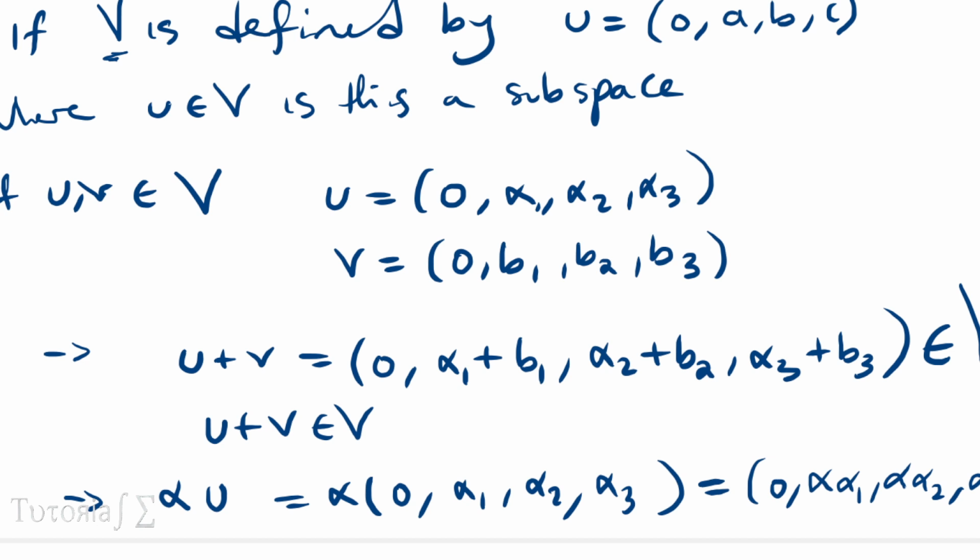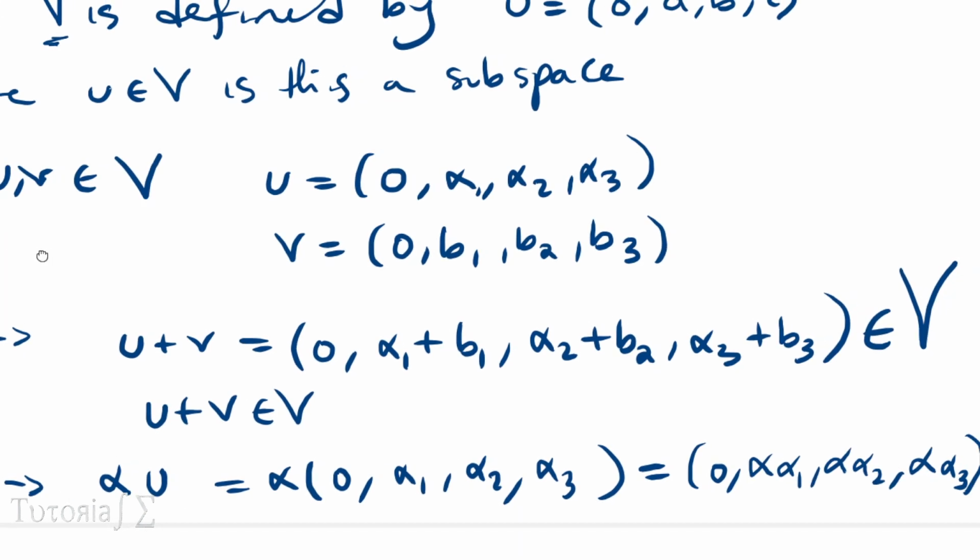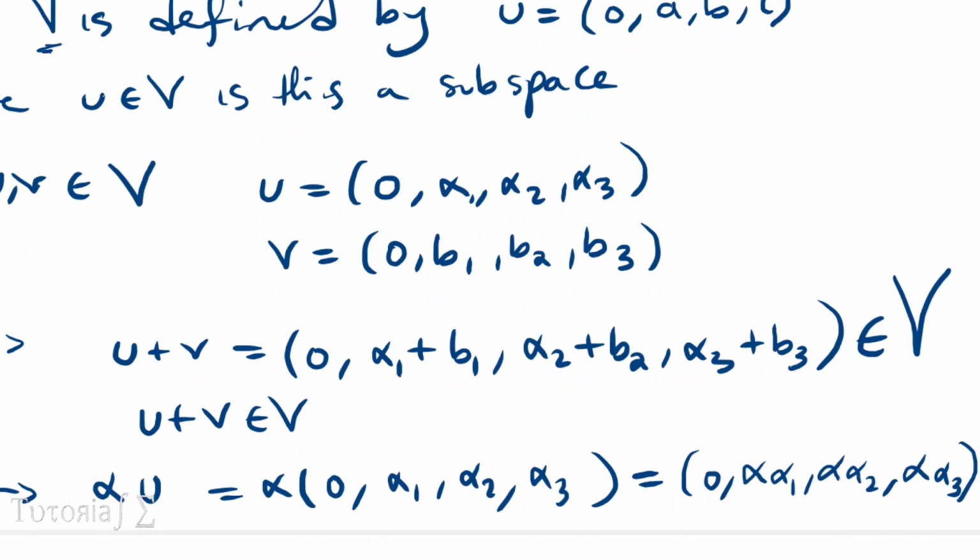Okay, so now does it maintain the definition? Yes, it does. And why is it maintaining the definition? Because we are using the two properties, which is under addition and under multiplication, right?